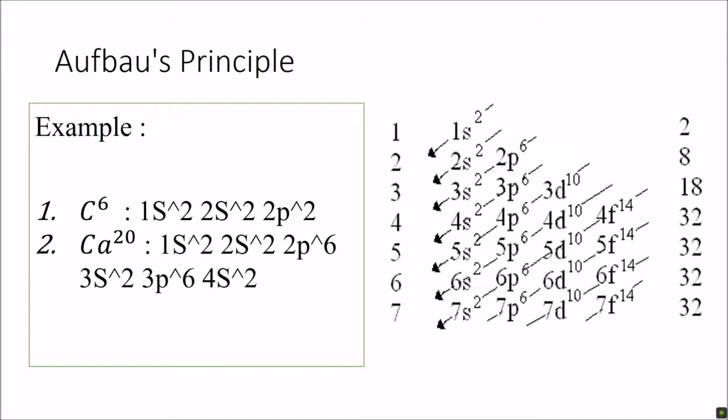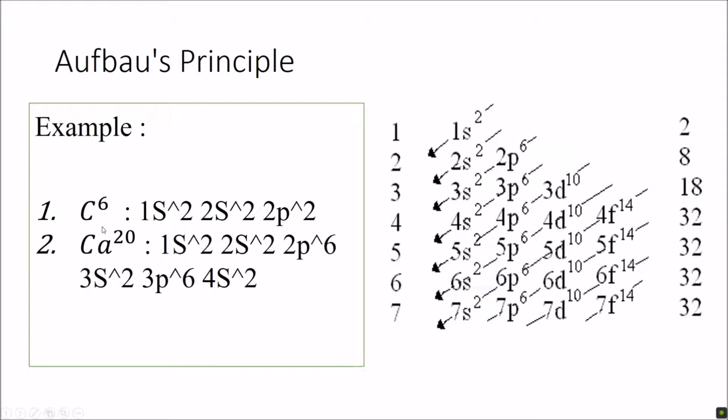For example, we cannot fill 7s to 7f until all the orbitals from 1s to 6p are filled. This number here also tells us how many electrons can be found in this row. For 1s we already know it is 2. I will go through an example here.